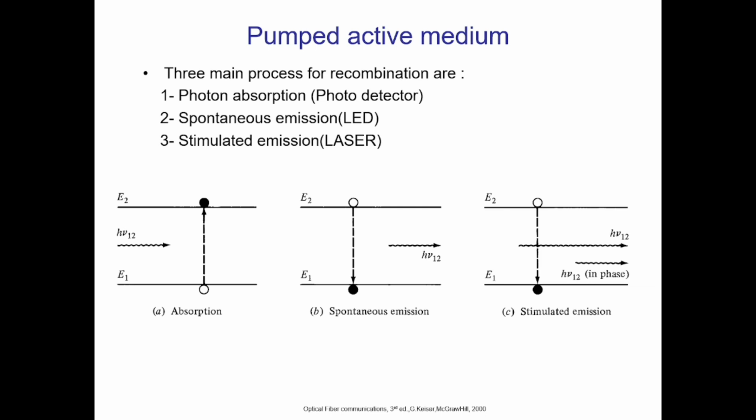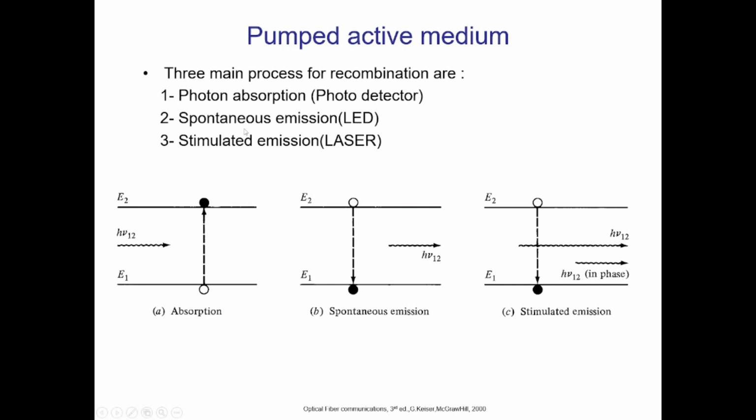It indicates electron hole pair generation, leaving holes in the valence band and electrons in the conduction band. So the energy absorbed is given by E2 minus E1. The band gap energy is the difference in energy between the valence band and the conduction band, so the band gap energy is very important here.